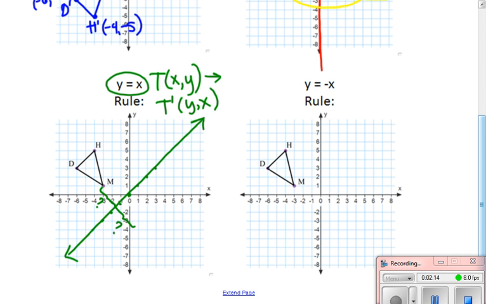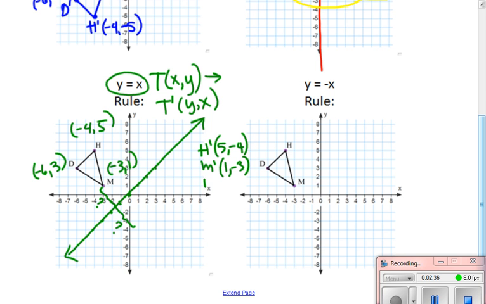So if h is at negative 4, 5, d is at negative 6, 3, and m is at negative 3, 1, I want to think about h prime, if I flip-flop, is going to be at 5, negative 4. And m prime, if I flip-flop them, will be at 1, negative 3, and d prime will be at 3, negative 6.